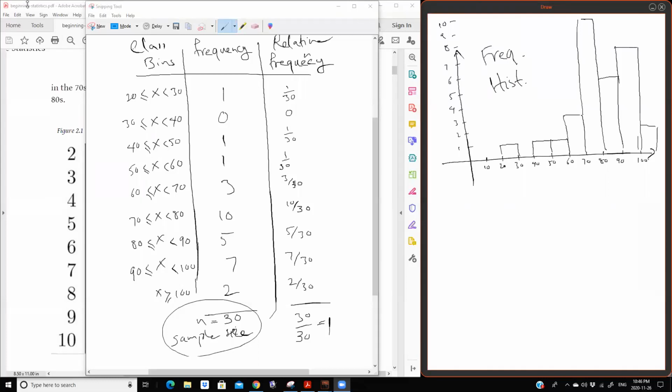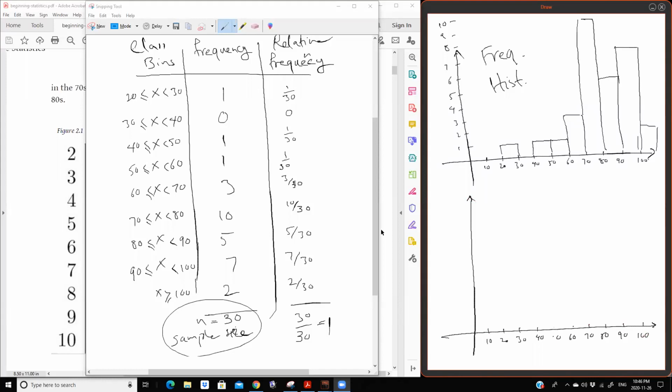Now, if rather than having a frequency histogram like this, you're using the relative frequencies, you're going to have something very similar to this. It doesn't look different at all. It's going to be called a relative frequency histogram. It's just like this for the x axis: 20, 30, 40, 50, 60, 70, 80, 90, 100.